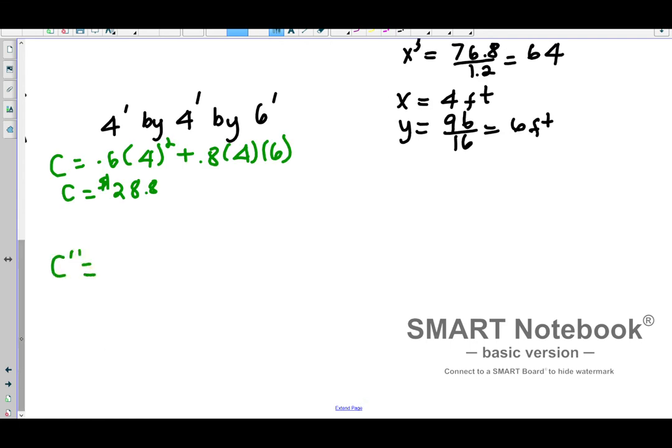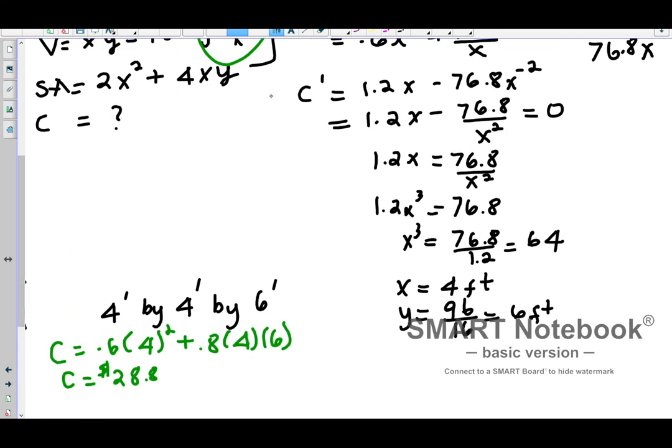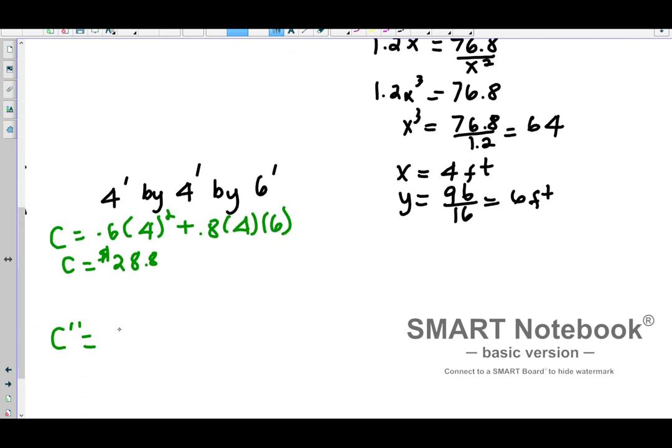So C double prime, so take it from C prime, it's going to be 1.2 minus, bring the negative 2 down, right? So that'll become positive 2 times 76.8, x to the negative 2 power. So 1.2 plus 2 times 76.8 times x to the negative 3, but that's the same as division by x to the third.